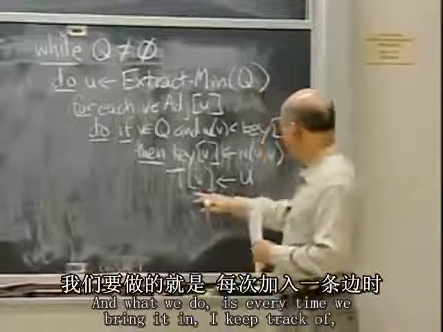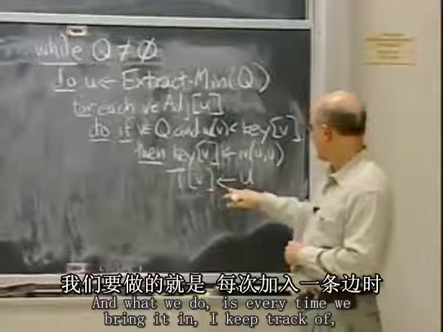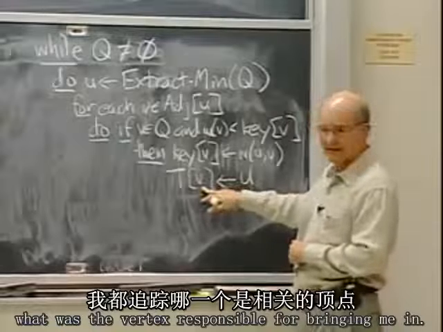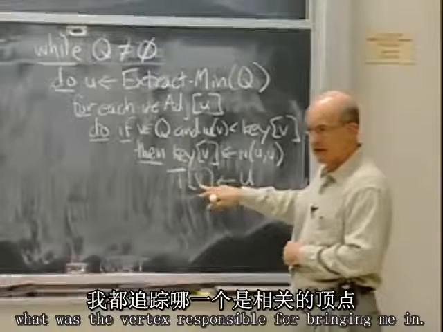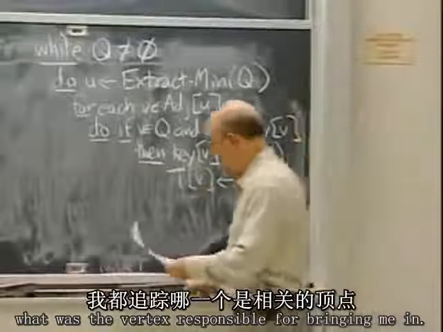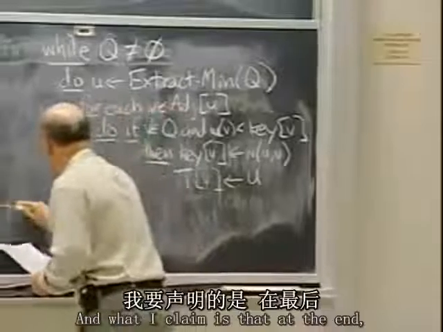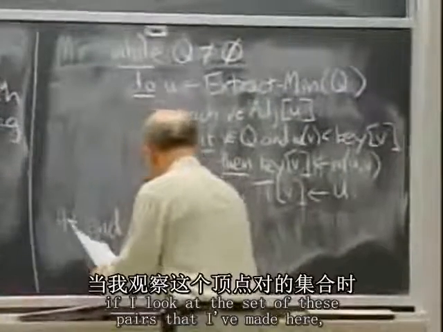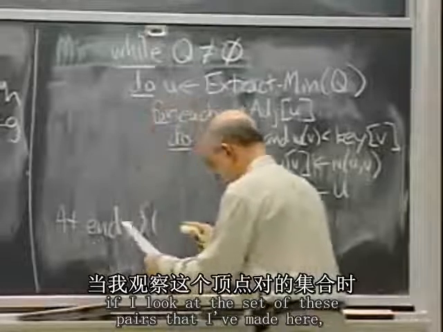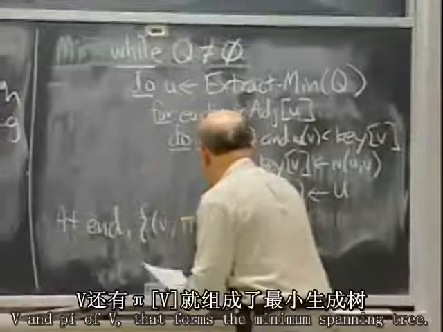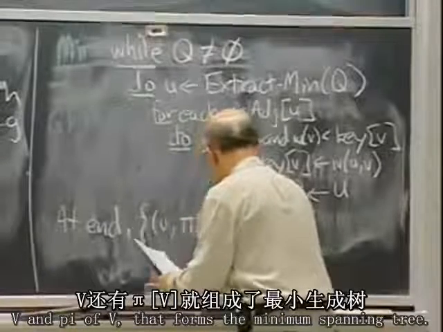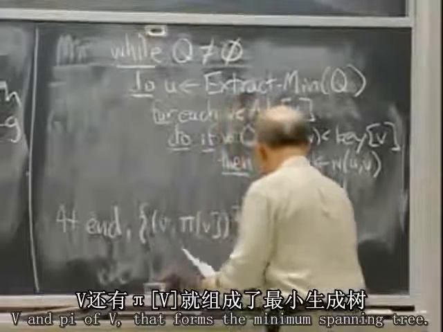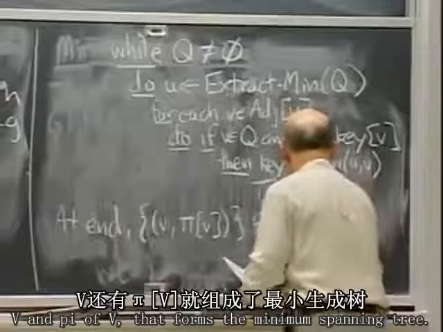Every time I bring a vertex in, I keep track of which vertex was responsible for bringing it in, and I claim that at the end, the set of these pairs, V and pi of V, forms the minimum spanning tree.